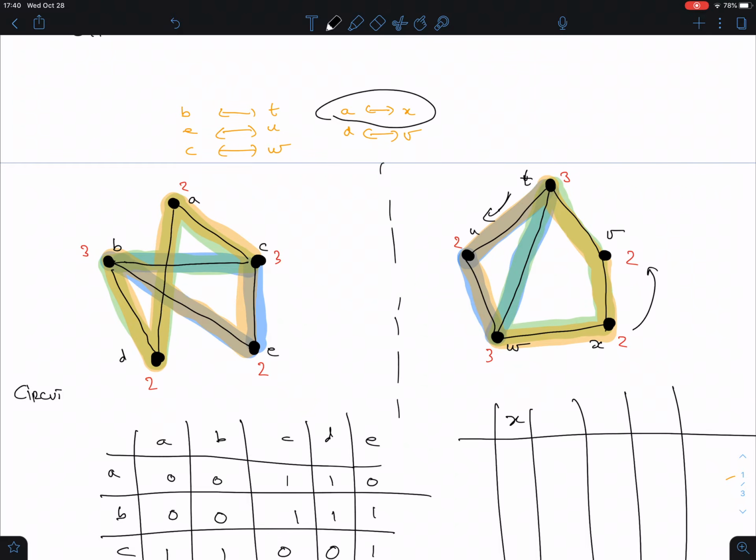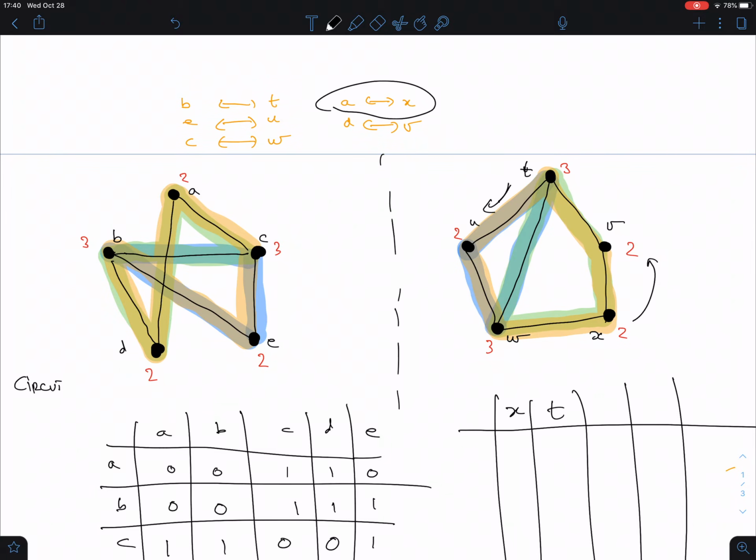A goes to X, B goes to T, C goes to W, D goes to V, and E goes to U. So I repeat, I found 2 paths that agree, that have the same length and the same degrees as I walk through them. I mean, this path I had to walk in one direction, this in the other direction. Since I erased things, I'm getting a little bit confused now which direction it was.